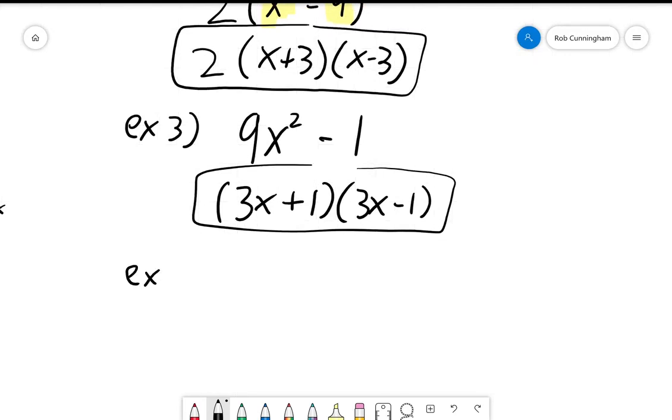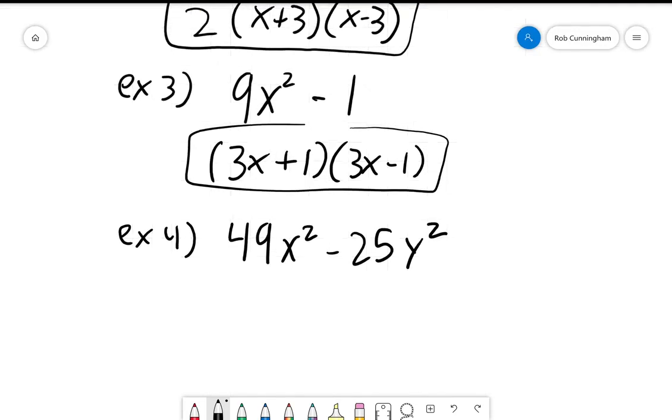Example 4, and this is the last one for today. What if I have something crazy like 49x squared minus 25y squared? We've never dealt with anything like this before. We've never put y's in here. We've never had multiple variables going on at once. What are we even doing? But it's still a difference of two squares, so it still follows the same rules, the same logic. 49 is 7 squared. 25 is 5 squared.